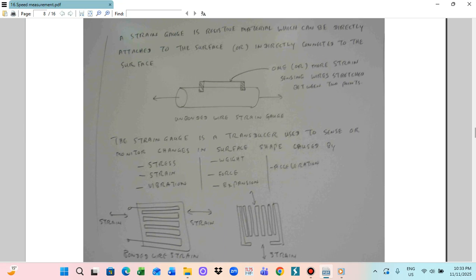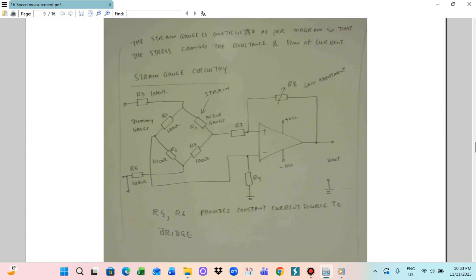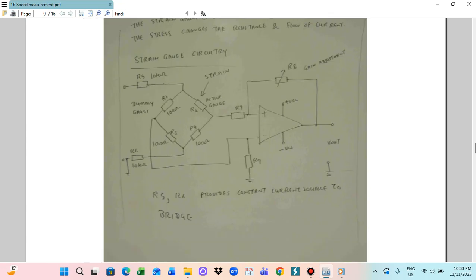In strain gauge circuits, the bridge is usually set at balance. When the active gauge suffers strain, its resistance will be changing. The change of the resistance can unbalance the circuit, and an unbalanced circuit means a signal is produced between the terminals, which is sensed by the operational amplifier.